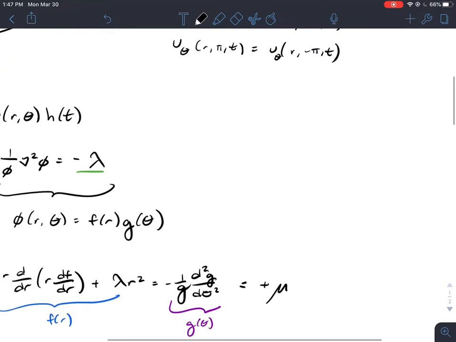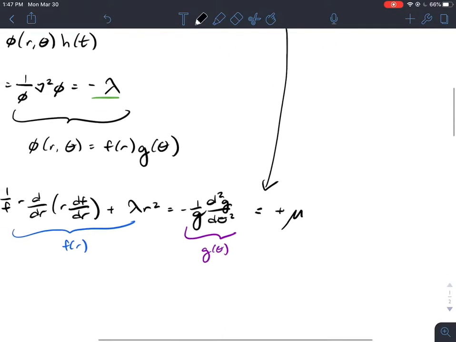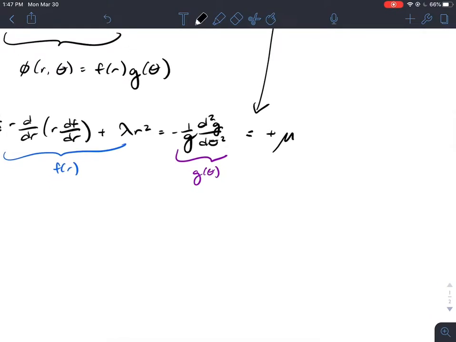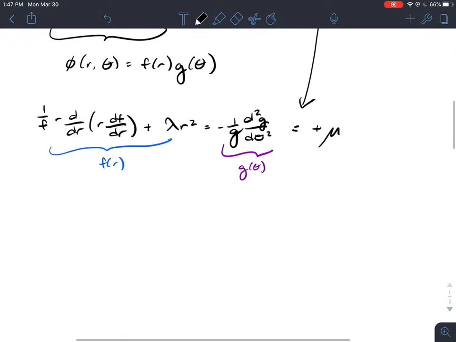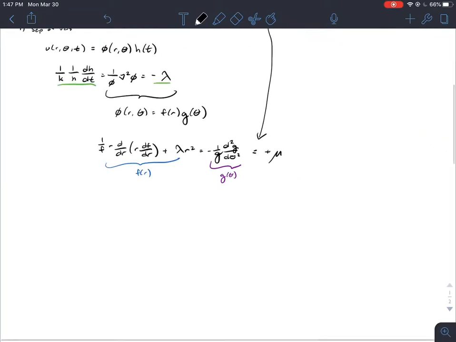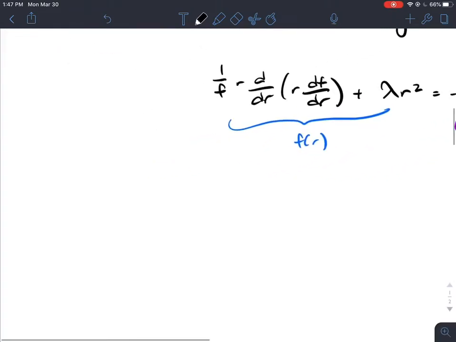So in order for that condition to be true, we need to have sine and cosine solutions right here, such that g of theta satisfies periodicity boundary conditions. Okay. So now that we have our three ODEs, we can go ahead and solve each of them now.